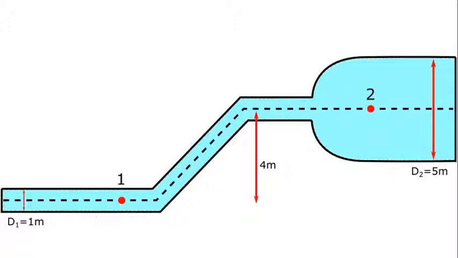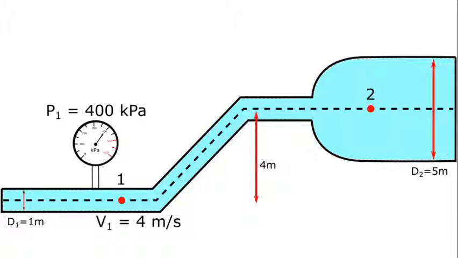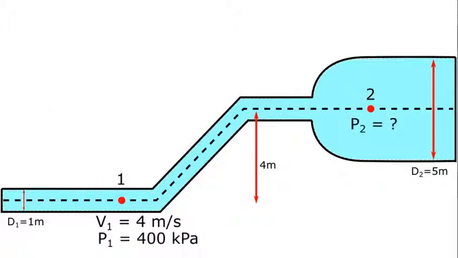We're told that the speed of the water at location 1 is 4 meters per second, and that a manometer at this location gives us a pressure reading of 400 kilopascals. What we're trying to work out is what is the pressure at location 2.